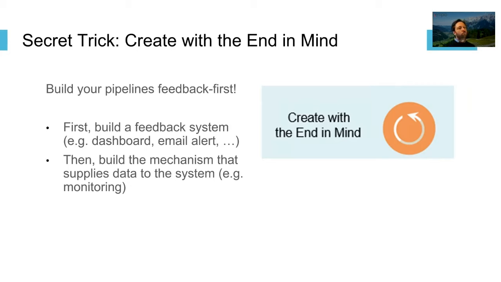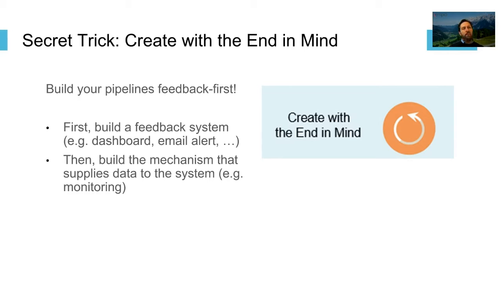Why don't you create the dashboard first and put the data fields that you care about on it, knowing full well that, of course, there's nothing yet to drive those data fields. And then as the next step, you build the systems that actually collect this data and transfer it to the dashboard.